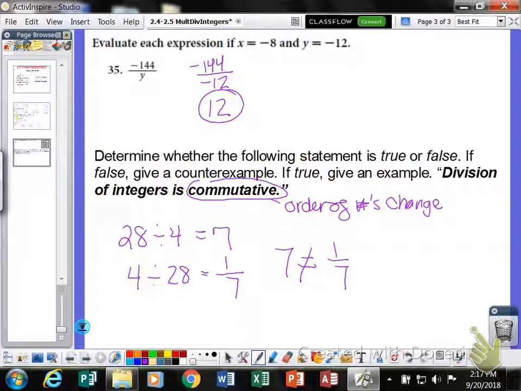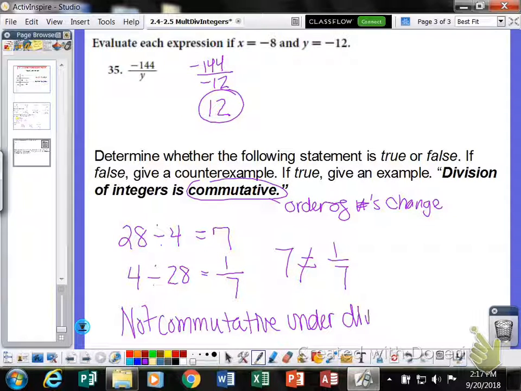They are two different answers. So therefore, is division of integers commutative? It's not commutative under division. So we can't use the commutative property to solve this problem.